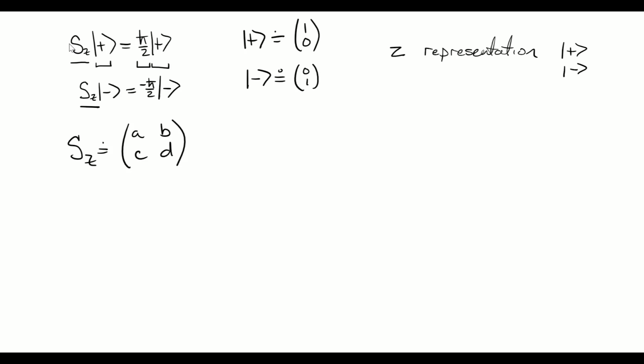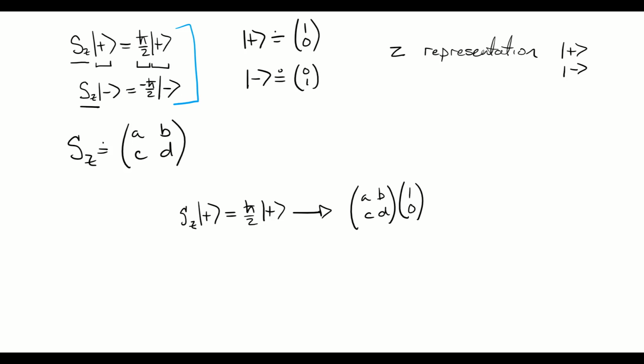So how do these eigenvalue equations look in our matrix representation? Well, Sz spin up equal to ħ/2 spin up state maps to our Sz matrix (A, B, C, D) times (1, 0) equal to ħ/2 times (1, 0).